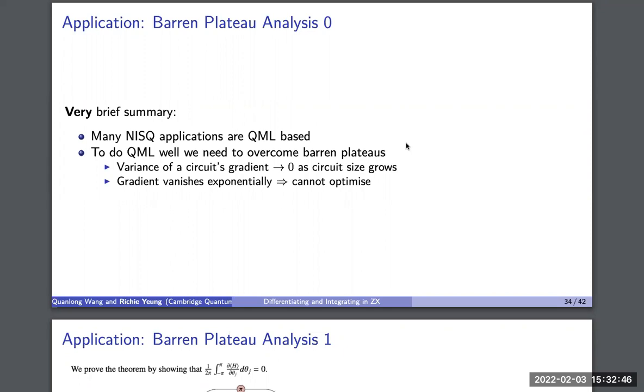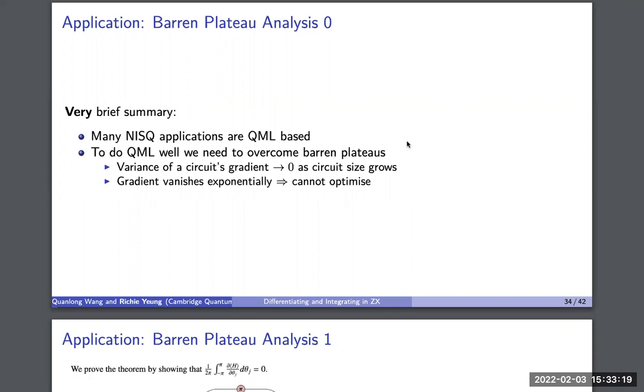However, in quantum machine learning, the landscape of the loss function is often very wide and flat, and it's numerically difficult to do quantum machine learning on many of these parameterized quantum circuits. This is what we call the Barren plateau phenomenon. The way to formally describe this is that the variance of the circuit's gradient tends to 0 as you increase the number of qubits.